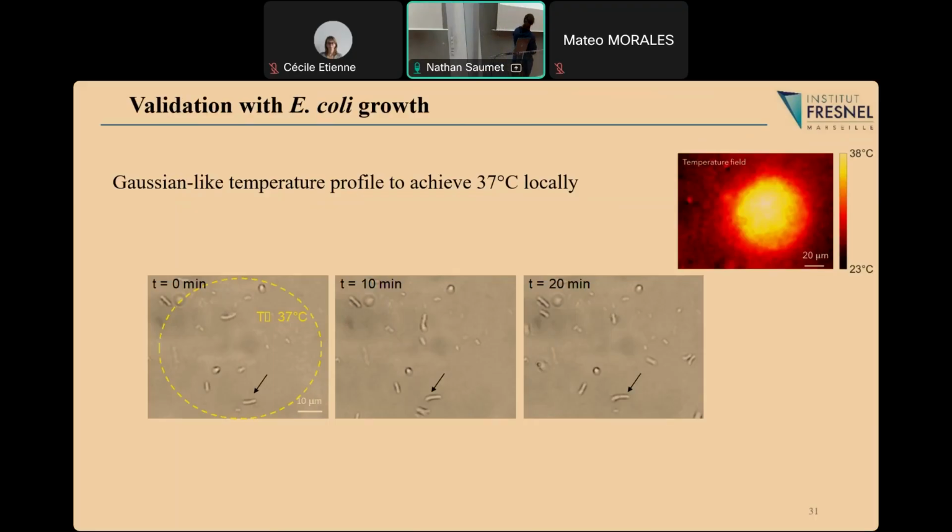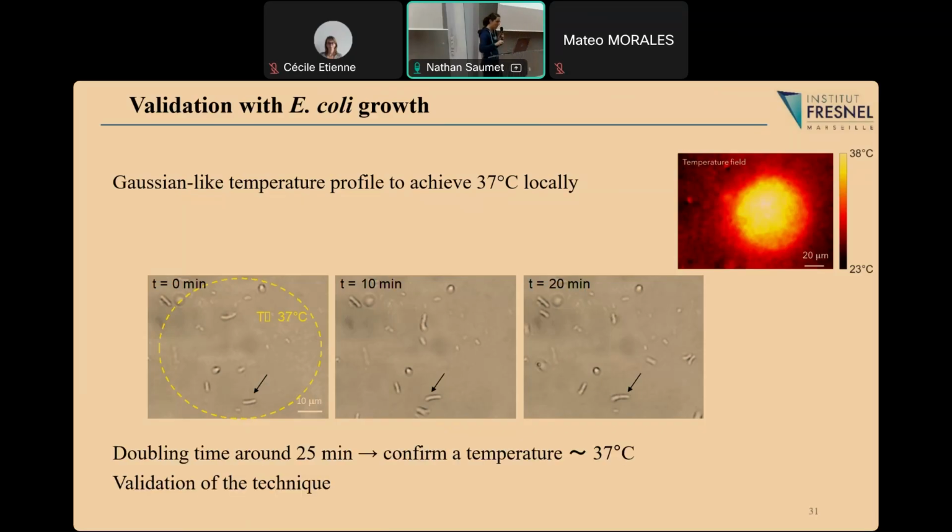The others are also growing, but sometimes when they are dividing, they are ejecting the divided cells, so we cannot see them. Here I observed with the camera a doubling time of around 25 minutes, so it confirmed a temperature of 37 degrees, which was already acknowledged by the camera. So clearly here it validates the technique, but not for thermophiles, for Escherichia coli, which is a mesophile.